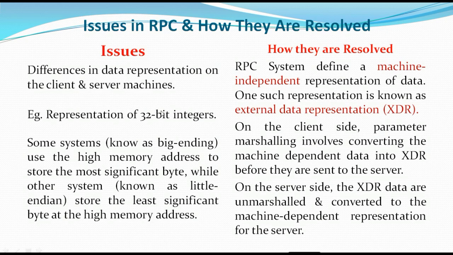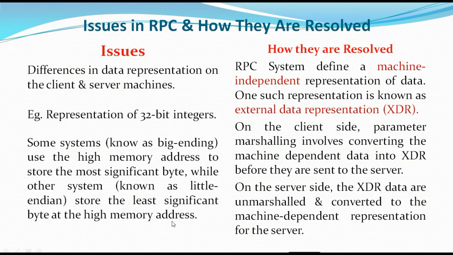For example, take a 32-bit integer. Some systems, known as big endian, use the high memory address to store the most significant byte, while other systems, known as little endian, store the least significant byte at the high memory address.